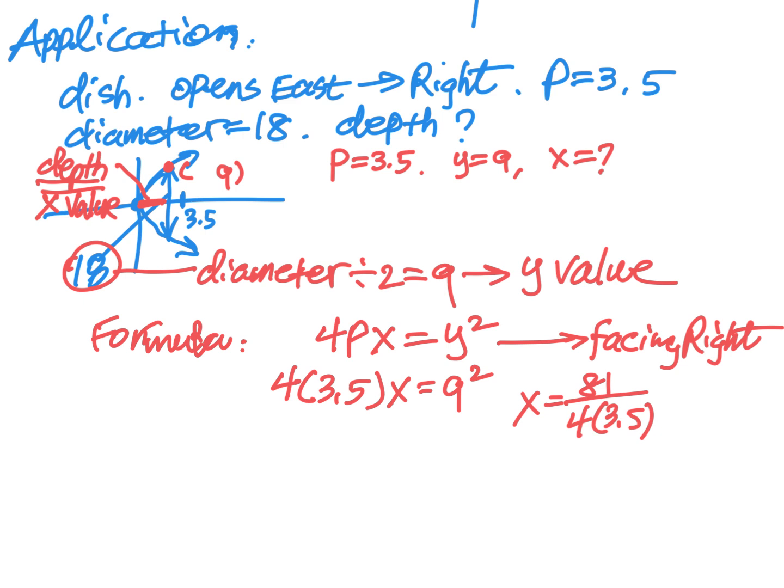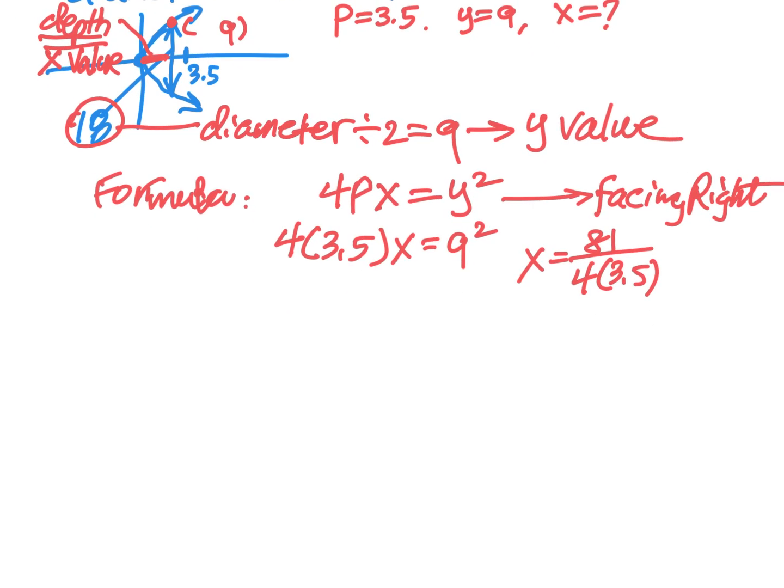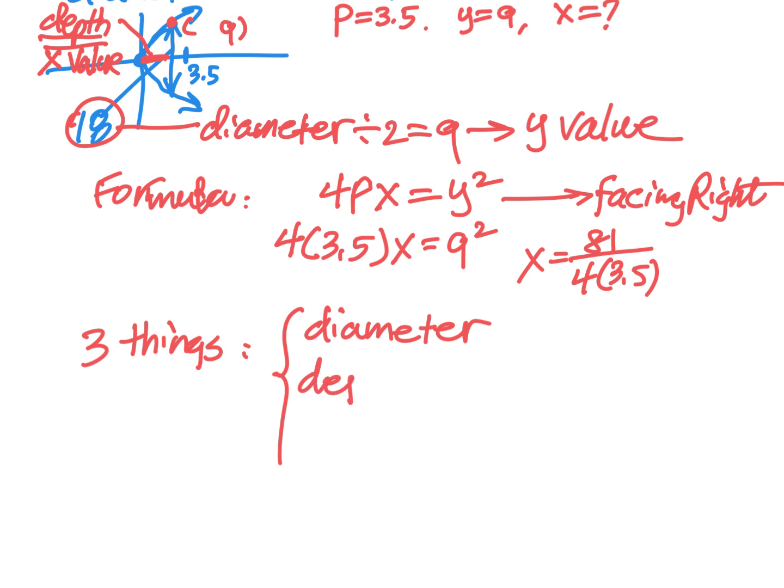And the application is always kind of 2 ways. I can change anything, like if the same question. So 3 things. They give you either diameter, depth, or the focus, which is P. Okay, 3 things. They give you 2.